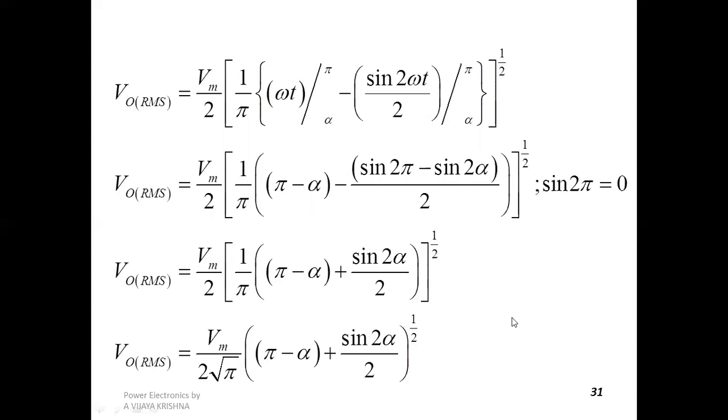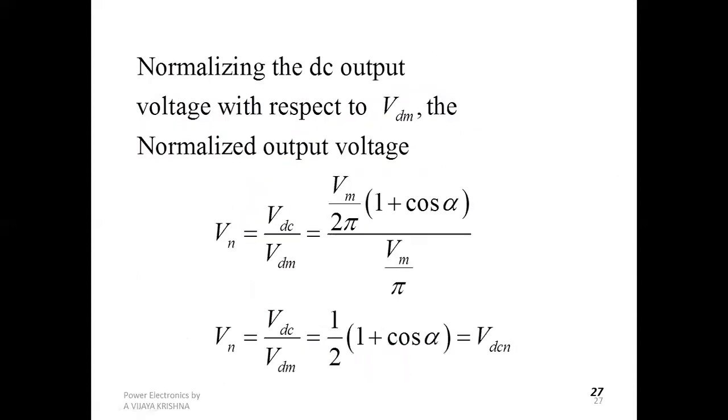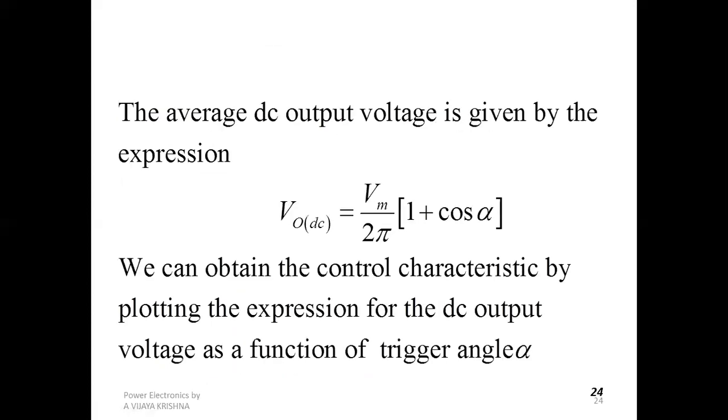This is the complete expression for the RMS value, and the DC output voltage is Vm by 2 pi of 1 plus cos alpha.